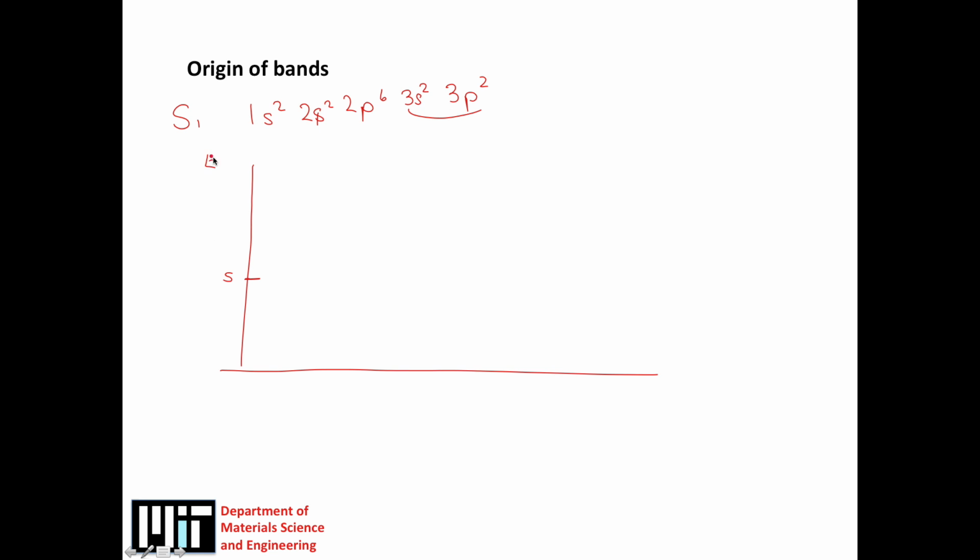This is a plot of energy, and this is the P level, 3s and 3p. But as I make the atoms go closer together, this is showing 1 over spacing between the atoms in the solid. We know that as we get the atoms closer together, their energy levels can't be identical. So we have a splitting of the energy, they smear out, and we get this going something like this.